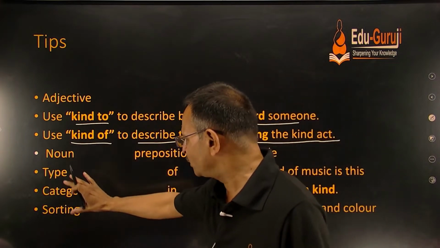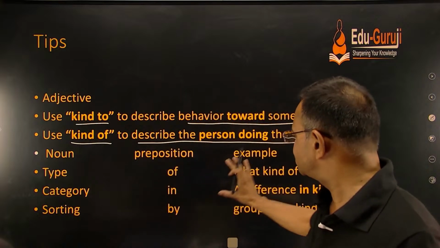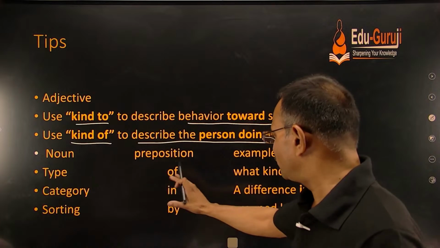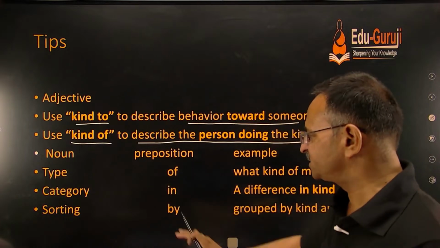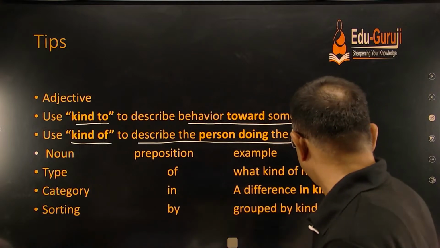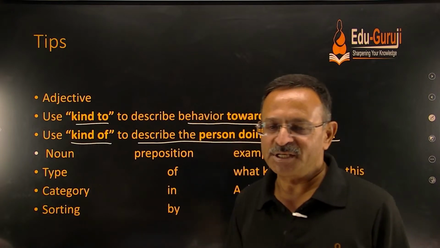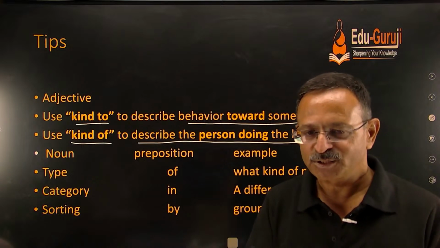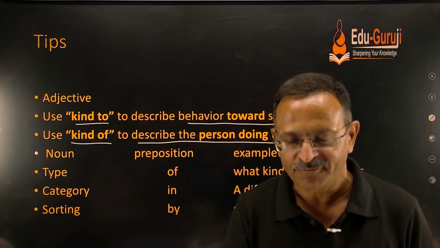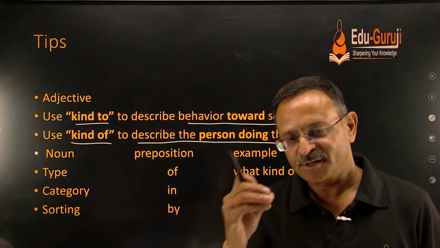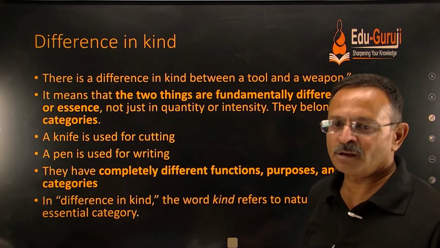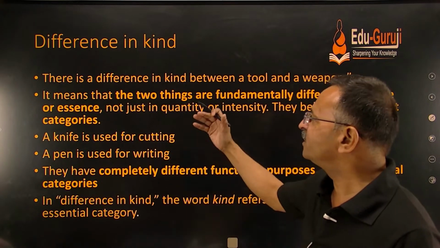When we use the noun, we have types of prepositions with examples: type, what kind of music is this; category, a difference in kind; and sorting, grouped by kind and color. This is a summary of the prepositions we use after the word kind. A slight note on difference in kind.